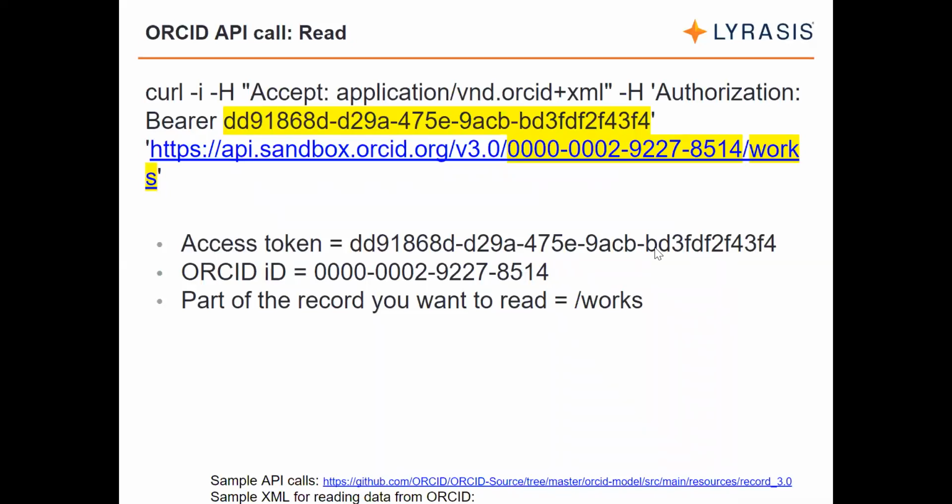That means you want to get works from this person's ORCID record, and you're using this access token, which means that that person granted the permission for you to do that. So once this call is sent, data would be retrieved from ORCID in either XML or JSON format, and you can specify that format within your system.